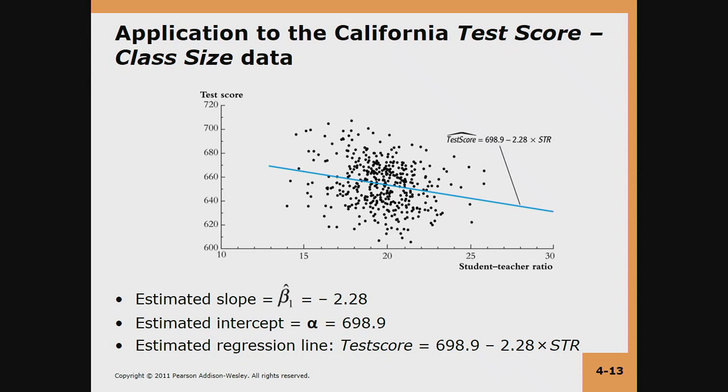So our estimated regression line is written here: the test score equals 698.9 minus 2.28 times the student-teacher ratio. So if you wanted to estimate, according to our model, what the test score would be if there were 20 students in the class, you would just plug in the number 20 for the student-teacher ratio and solve, and then you could get your estimation for it.